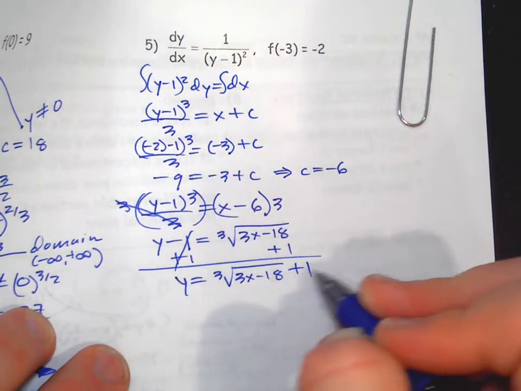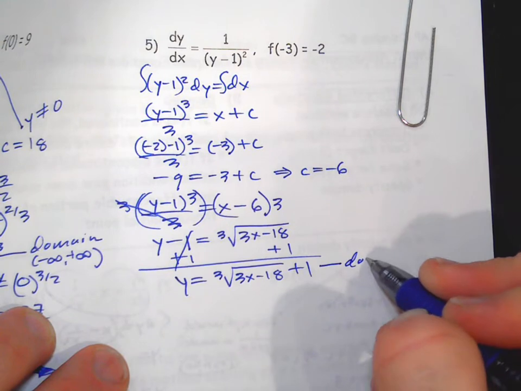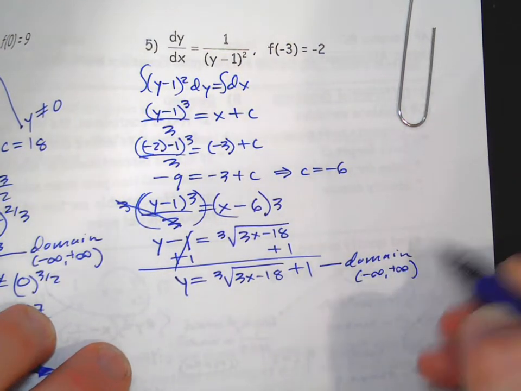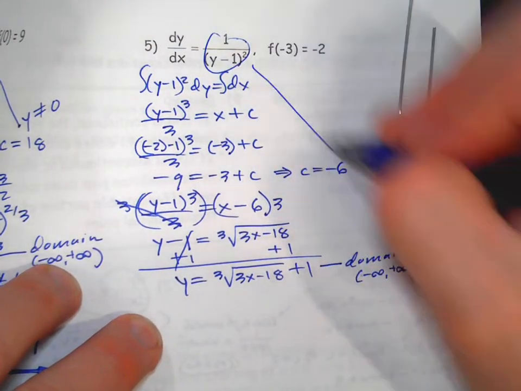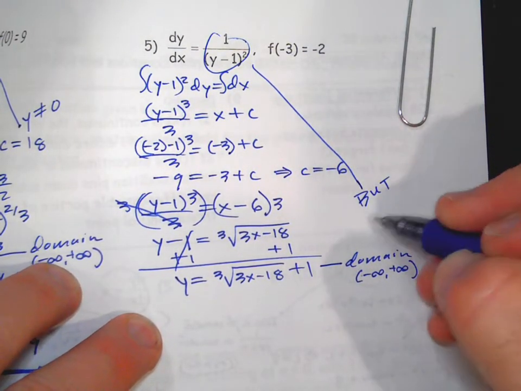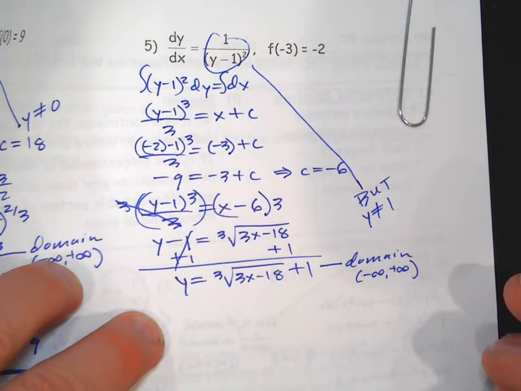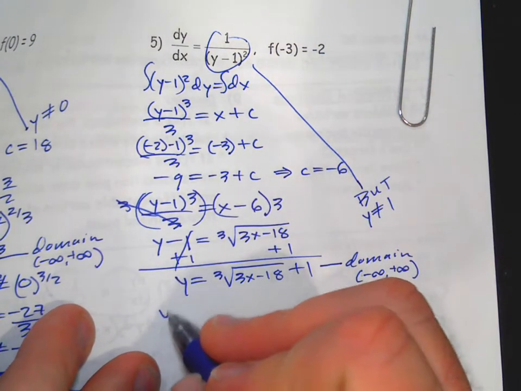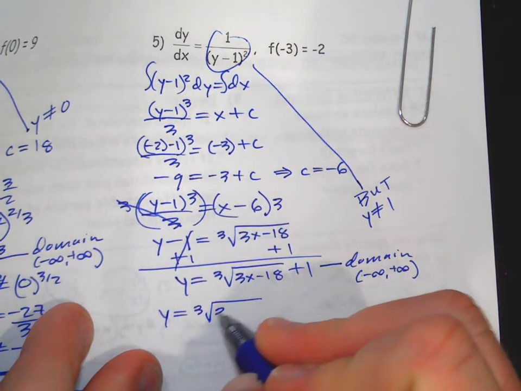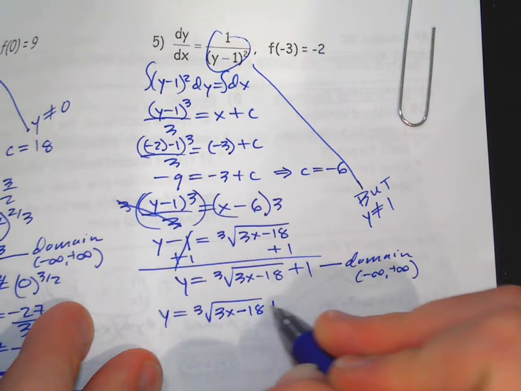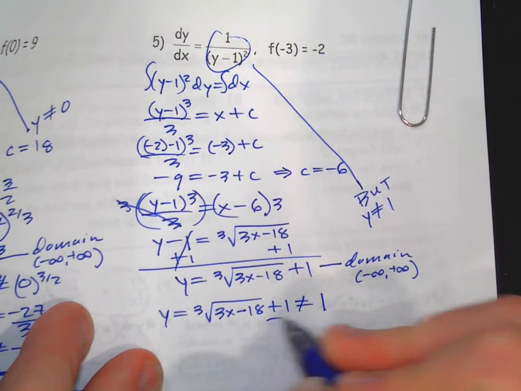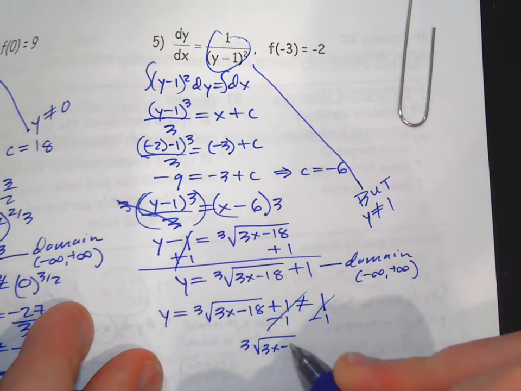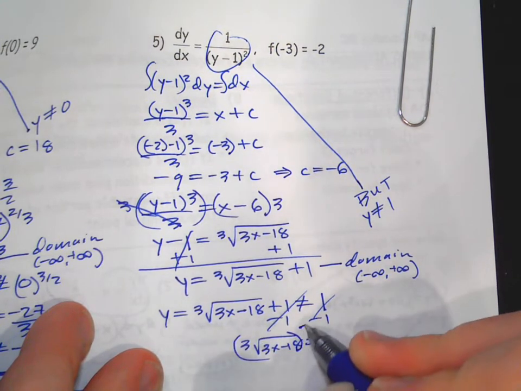Now, this on its own, domain, all reals. No issues. But y cannot equal 1 because the derivative is not defined. We got to find the x that makes y equal to 1. So we do a little more algebra. Set our y equals in terms of x equal to 1. Subtract 1, subtract 1. Cube both sides.